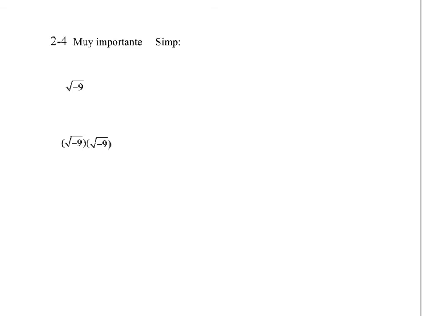This is very important. So if I say to you, square root of negative 9, simplify, we now know the square root of negative 9 does exist in complex numbers. The square root of negative 9 is 3i. Okay? When I do a problem like this, and I'm multiplying two radicals of negatives, two imaginary square roots, the trick we always learned before was to multiply inside the radicals first.